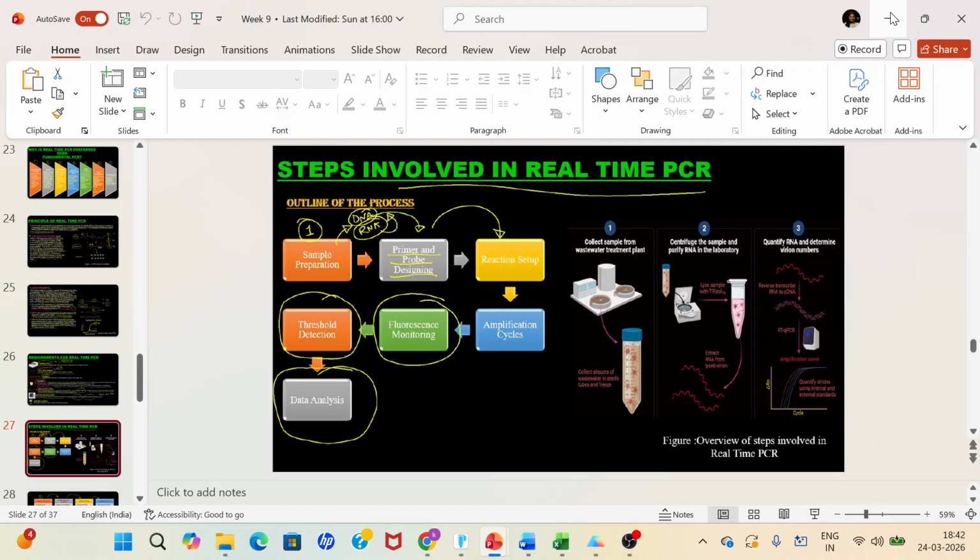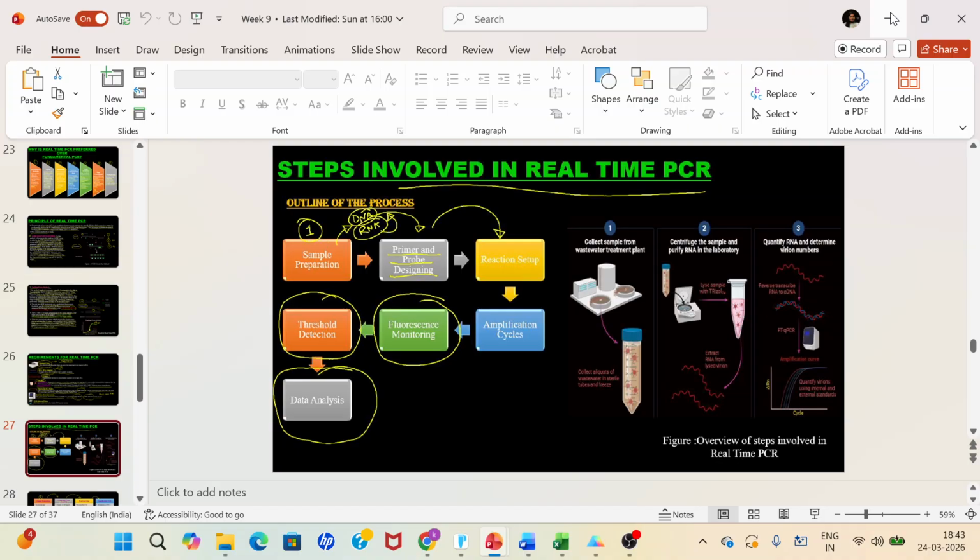Before going into the details, you must know that in RT-PCR there are generally two ways. Either you can do it in a single step, or in two steps. So what happens in a single step? You provide all the material in the mixture along with your RNA template, and then you set up the reaction in a way that first this RNA will form the cDNA, and after that this cDNA will be used as a template for the further reaction, for the amplification.